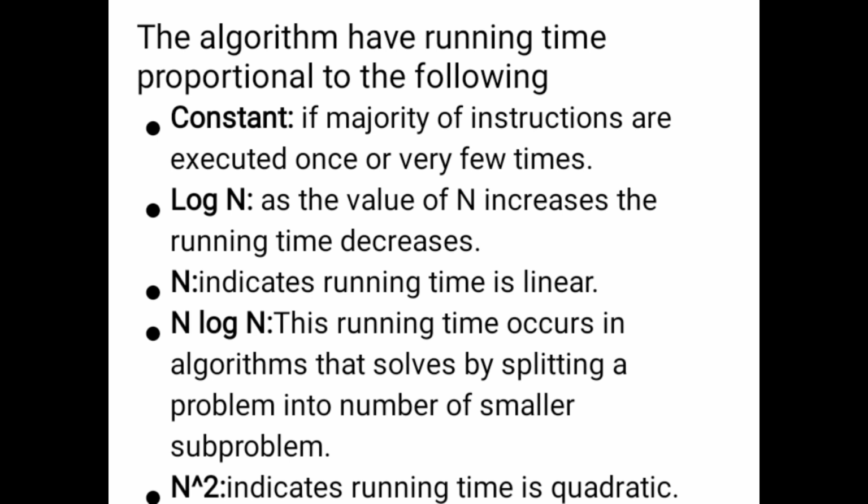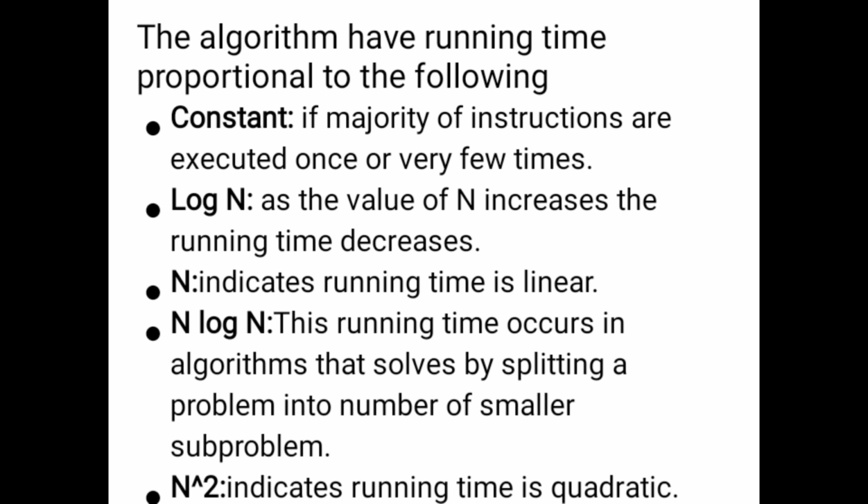Next, n. N indicates the running time of a program is linear. When n is 1000, the runtime is 1000 units. When n is doubled, so does the running time. Next, n log n.